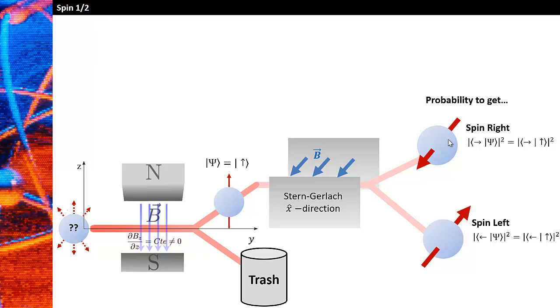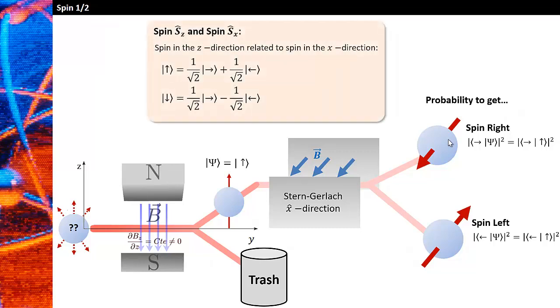Now the wave function that's going into this Stern-Gerlach experiment in the x direction is pure spin up, and so that's why we've substituted the spin up state here for psi. And so we really need to figure out, what do we get for the inner product of right with up, the bra and ket there.